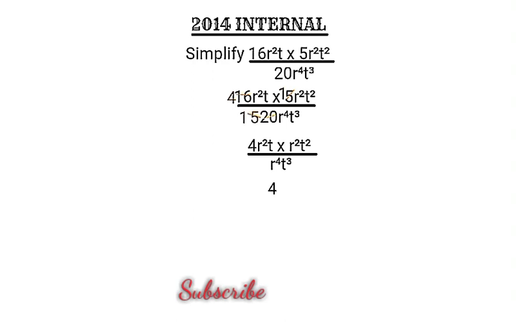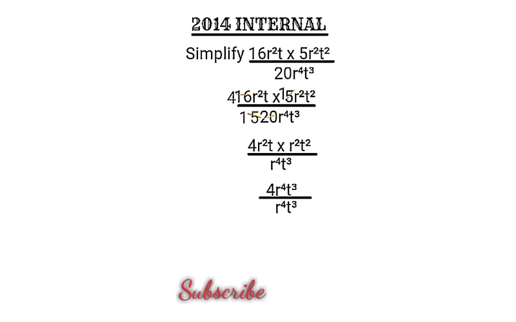Then we are going to multiply r squared by r squared, which will give us r raised to the power 4. Then t multiplied by t squared, that means t is raised to the power 1, and when it's multiplied by a t raised to the power 2, the powers are added, which will be t raised to the power 3, then over r raised to the power 4 t raised to the power 3.